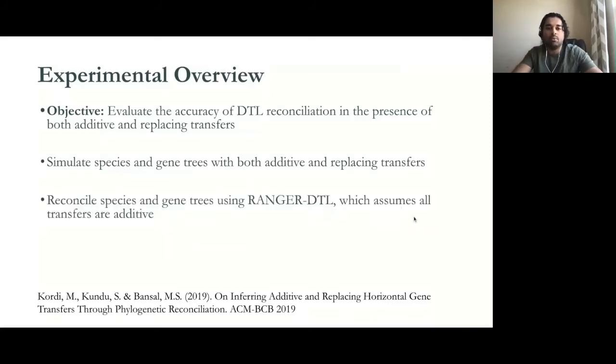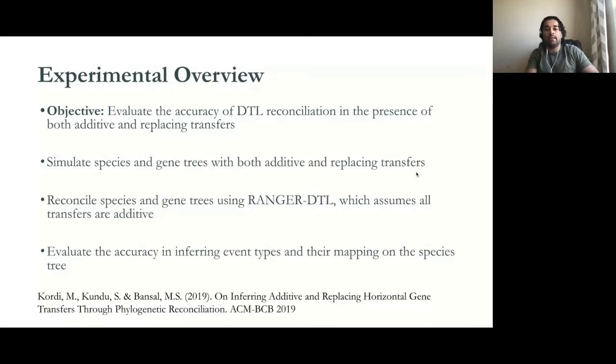And we want to then use this DTL reconciliation framework as implemented in RANGER-DTL, which is a software package for doing so that is developed by Professor Bansal in our lab. And we want to see how well this framework, which assumes that all transfers are additive, performs in inferring the different event types and their mapping on the species tree without being aware of replacing versus additive transfers.